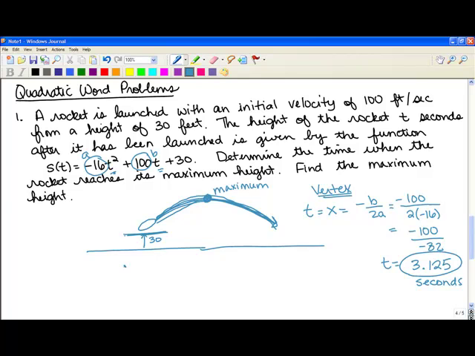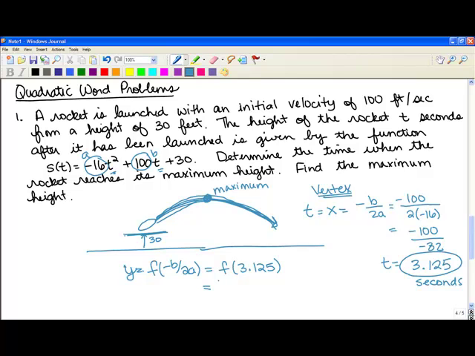Now we need to find the y value next. And to find the y value, it is f of negative b divided by 2a. So this would be f of 3.125. We need to plug in the x value that we just found, actually the t value, into the function.